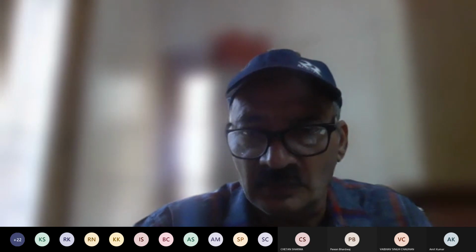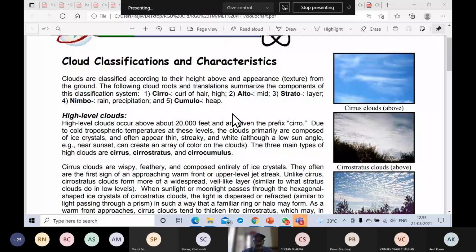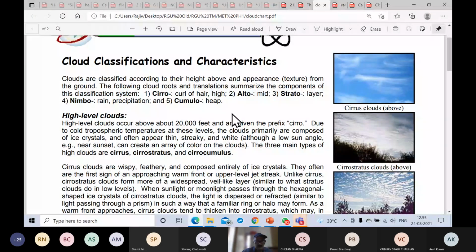As I said, we will talk about cloud formation and the weather associated with different types of clouds. Clouds are classified according to height above sea level and appearance. Both are instrumental in classifying the clouds.